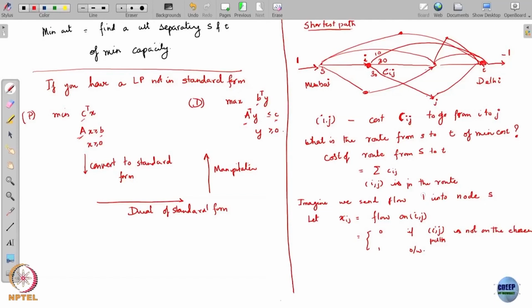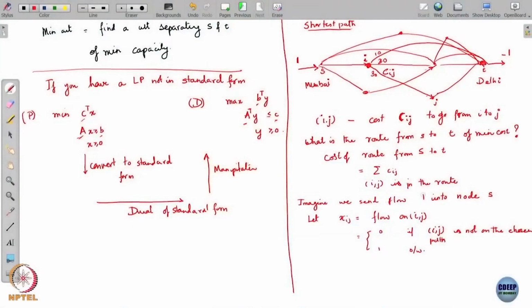So, the reason for that is exactly what I just said. Whenever the flow arrives at a particular node, if you look at the cost that it has to incur to get to the final destination, and the path that will give you the least possible cost, the entire flow will go on to that path. It has to be.